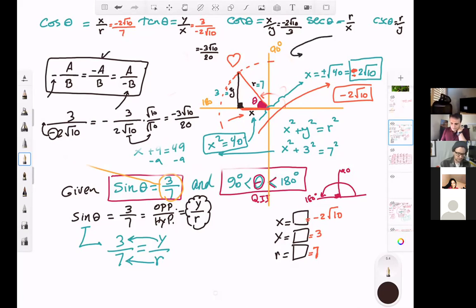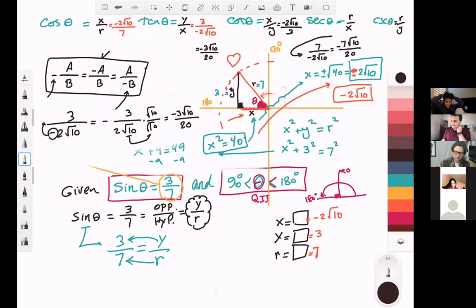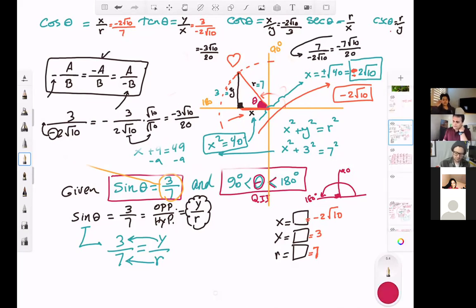R is 7, x is negative 2 root 10. This gives us 7 root 10 over 20 with a negative sign. And cosecant is r over y, which is 7 over 3.